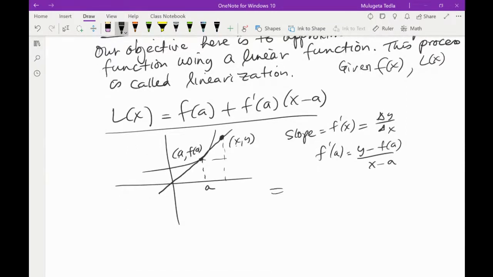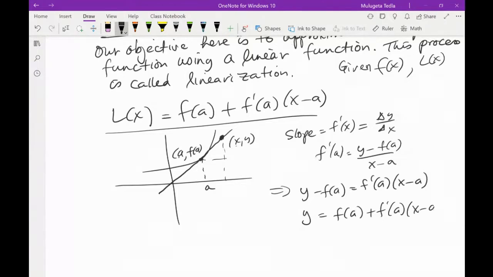So if you cross multiply, y minus f of a equals f prime of a times x minus a, and then y is actually f at a plus f prime of a times x minus a. This y is f of x. So that is the approximation. Approximation is L of x.